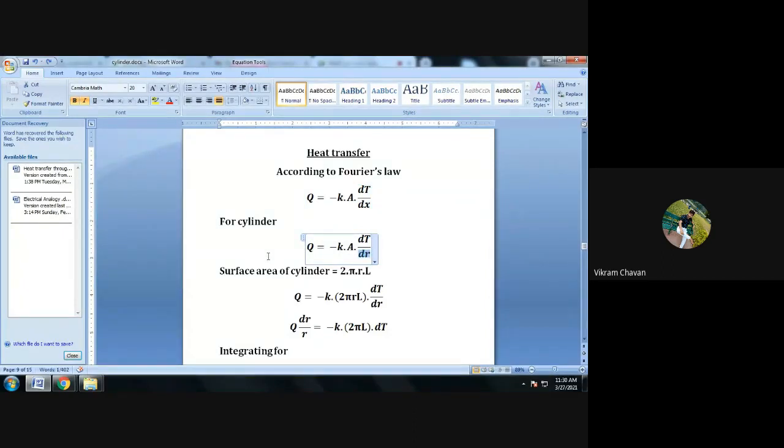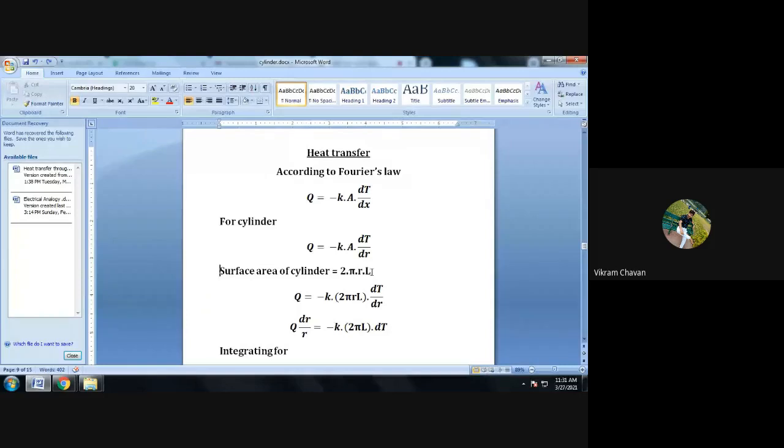So our Fourier equation for the cylinder will be Q is equal to minus K multiplied by A multiplied by dT divided by dr. Now for the cylinder, the surface area can be calculated using the equation 2 pi r multiplied by l, where r is the radius and l is the length of the cylinder.